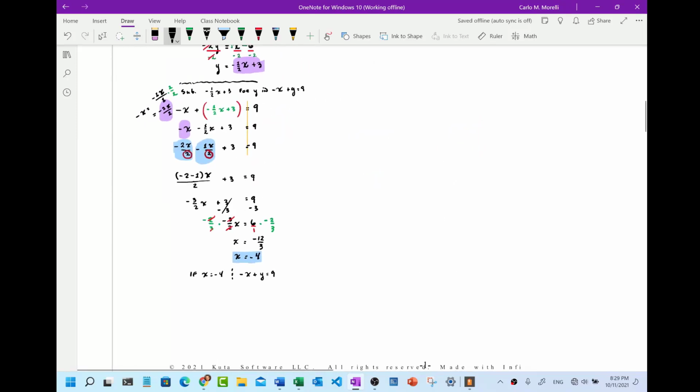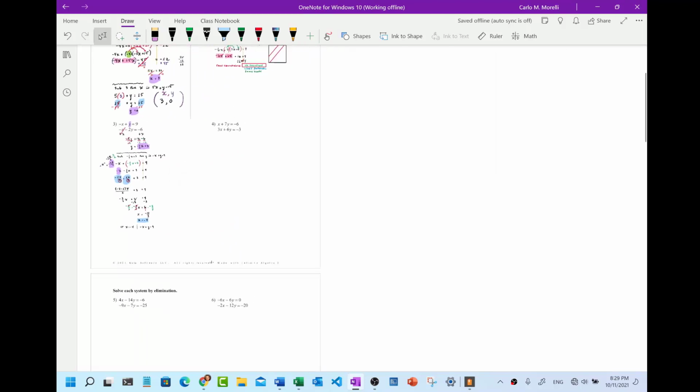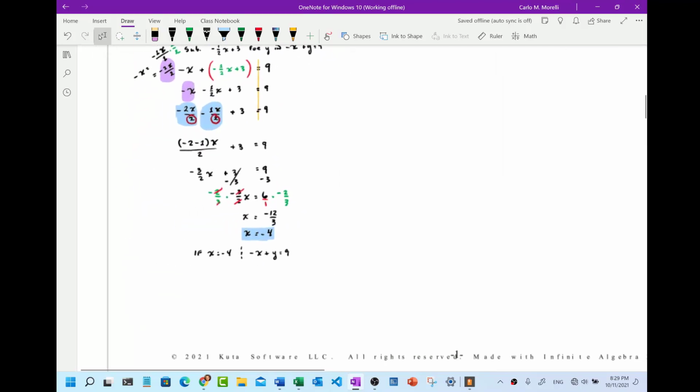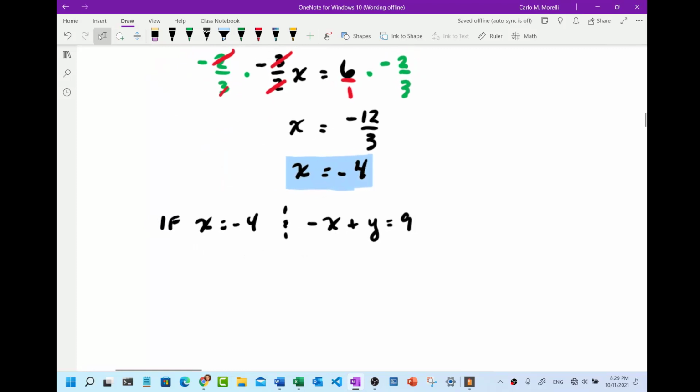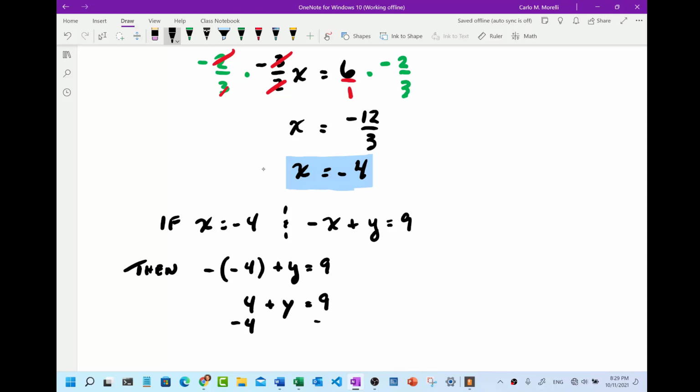Isn't that what it says? Yep. So then negative 4 plus y equals 9, which means 4 plus y equals 9, and we subtract 4 from both sides, and we get y equals 5.